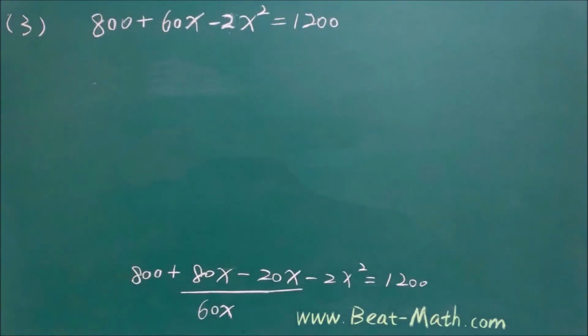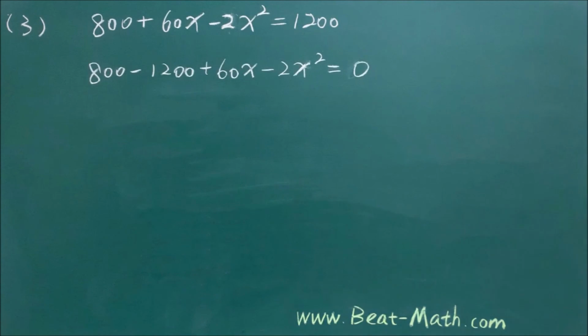Then move 1200 to the left side by changing its sign. So we get 800 minus 1200 plus 60x minus 2x squared equals 0. Then negative 2x squared plus 60x minus 400 equals 0.